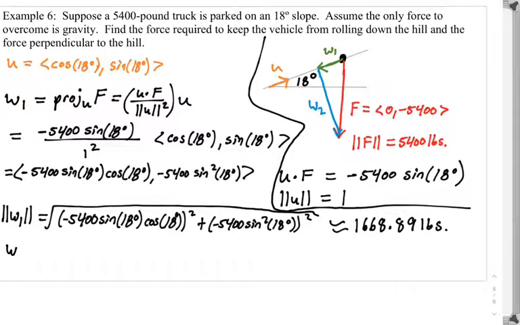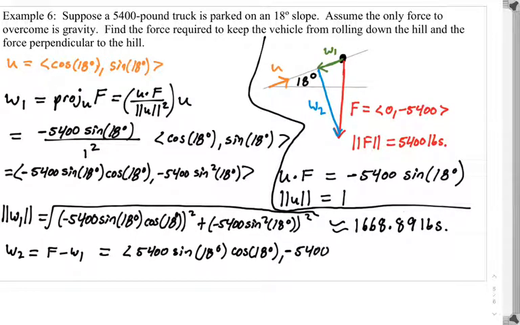And what else do they want us to find? They want us to find the force perpendicular to the hill, or the slope. So let's look at W2. W sub 2 is going to be the force minus W1. That's 5,400 sine of 18 degrees cosine of 18 degrees, comma, negative 5,400 plus 5,400 sine squared of 18 degrees.